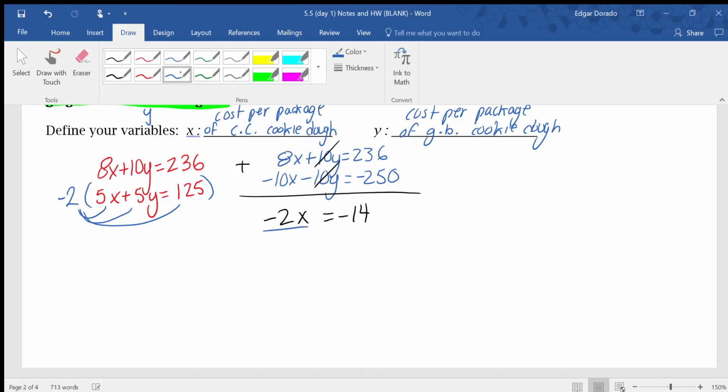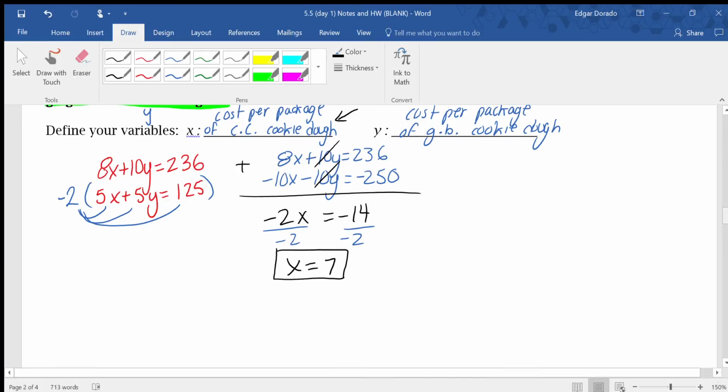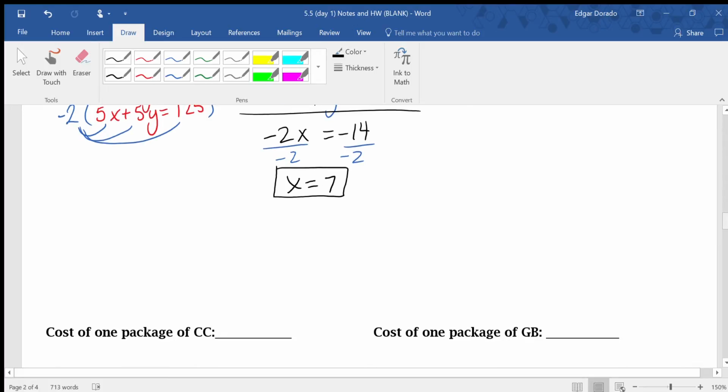So, the last thing I need to do here is divide by a negative 2 to get a final answer of x equals a positive 7. And we know that x means the cost of a package of chocolate chip cookie dough. So for that space right here, I'm going to write $7.